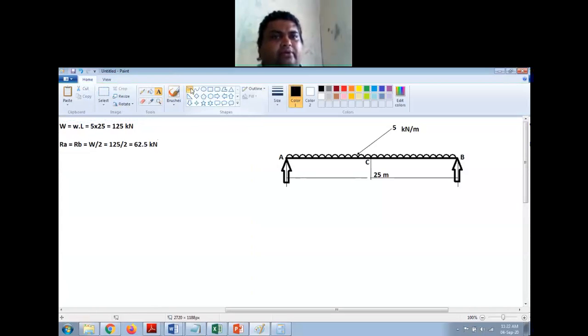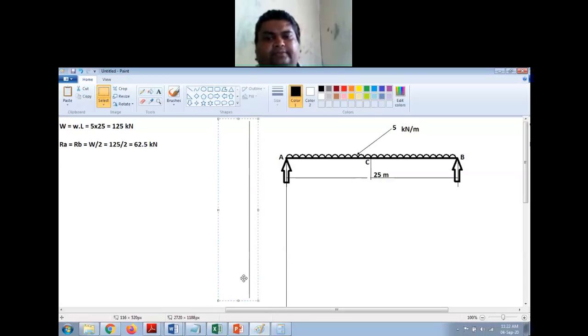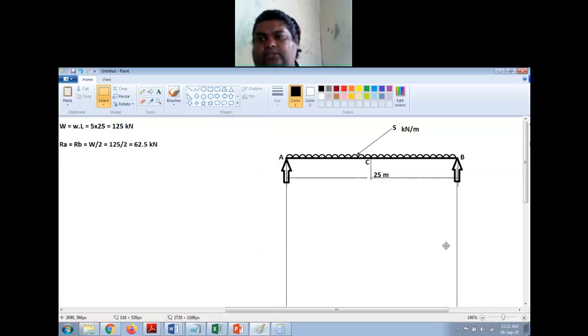Okay, now let us first draw the free body diagram. Before that, draw lines like this from all the salient points.